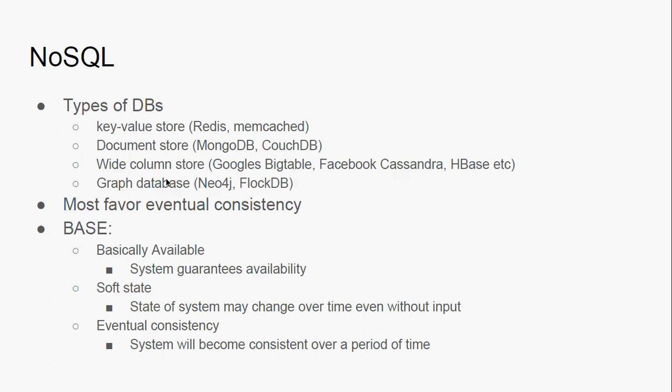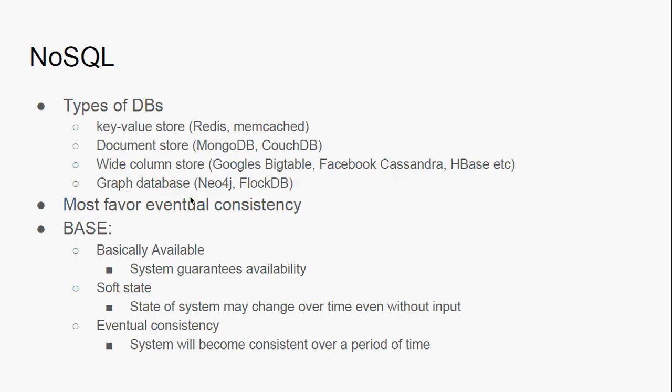And there is the wide column store. Again, you can go and see what a wide column store is, I didn't want to go in depth here. Some of the popular wide column stores are Google Bigtable, Facebook's Cassandra, and HBase from Apache.